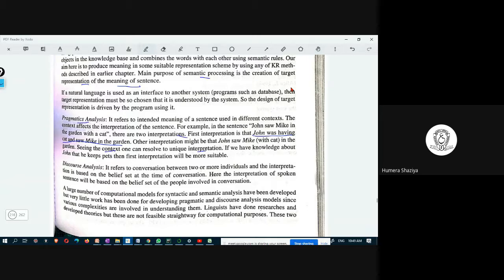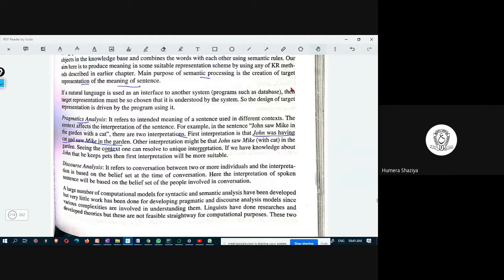And pragmatic analysis is all about coming up with the right interpretation. John was having a cat and saw Mike in the garden. This is also one way of interpreting. Which one is right? Because we humans know about different aspects.